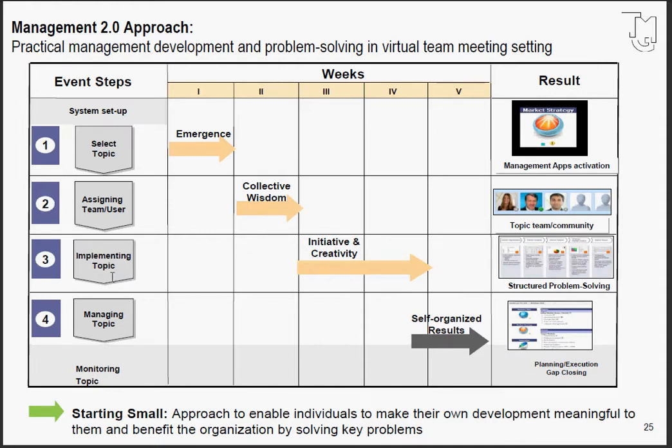Then implementing the topic with the team by creating initiative and creativity. And then managing the topic with self-organized results. The lesson is starting small: an approach to enable individuals to make their own development meaningful to them and benefit the organization by solving key problems. Now we go deeper into every step.